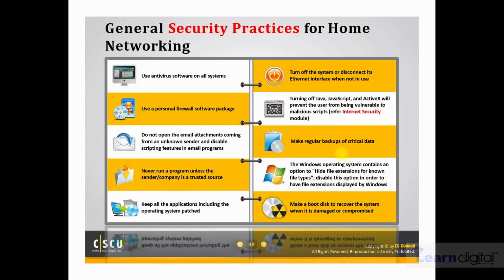Turn off the system or disconnect its Ethernet interface when it is not in use. You can also turn off JavaScript. Everything we will discuss in an upcoming session, how we can do that. But as of now, we are just covering the theoretical part. So this is all about the general security practices for home users, or home networking.